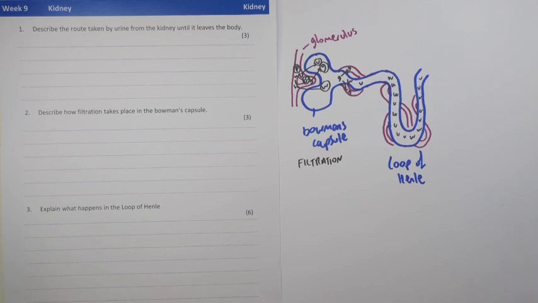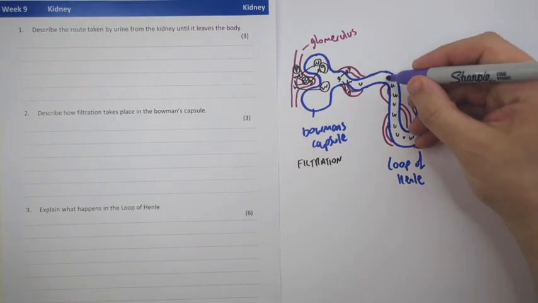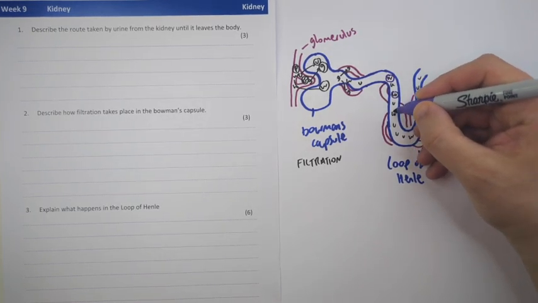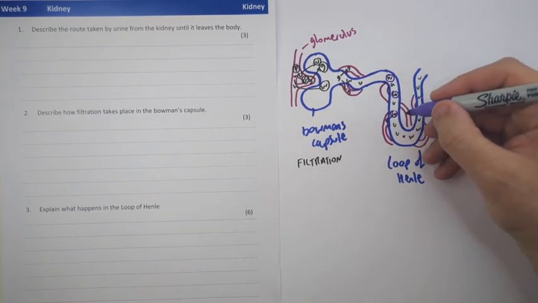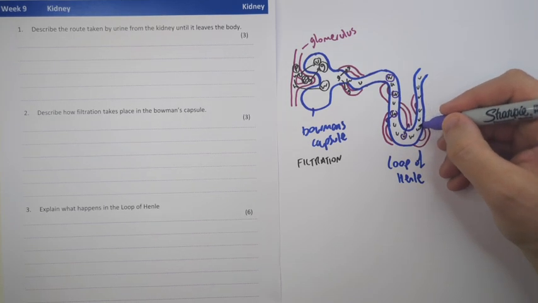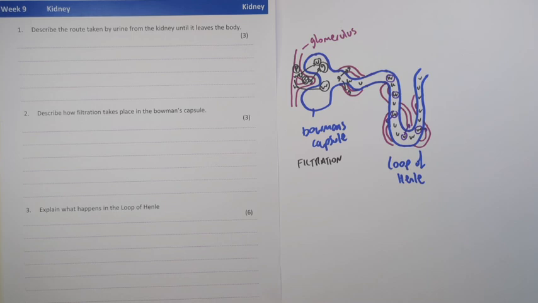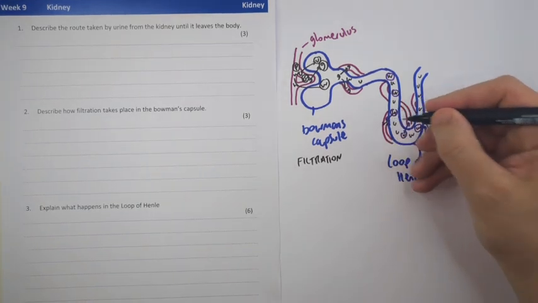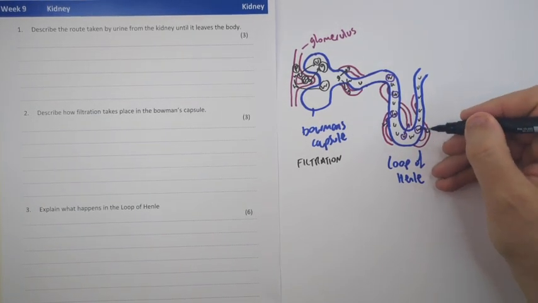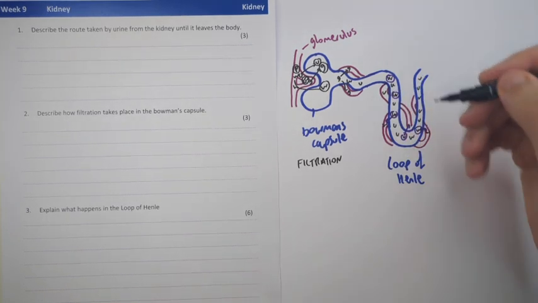In the loop of Henle, it is the water that is now transported out of the loop of Henle in the nephron and into the blood. As you can see here, the water travels by osmosis through a partially permeable membrane into the blood.